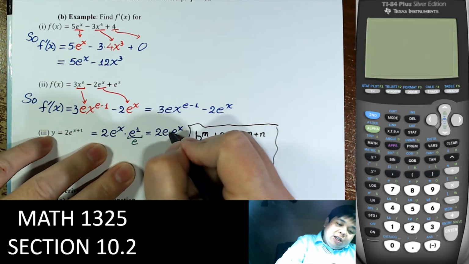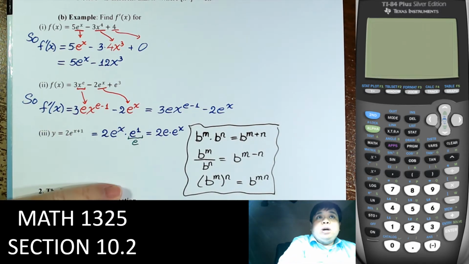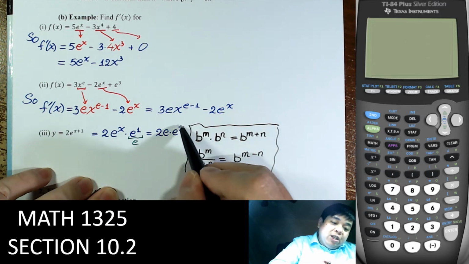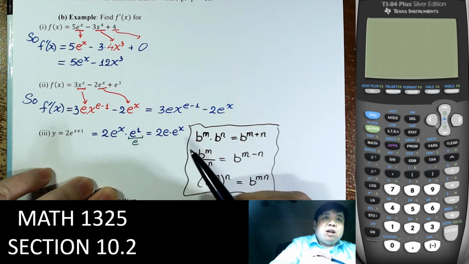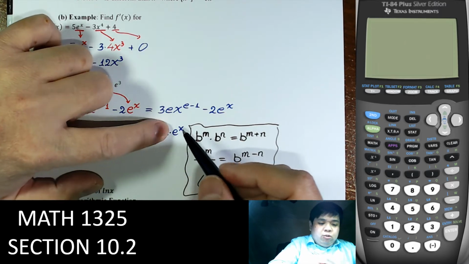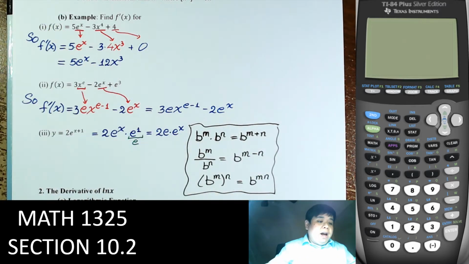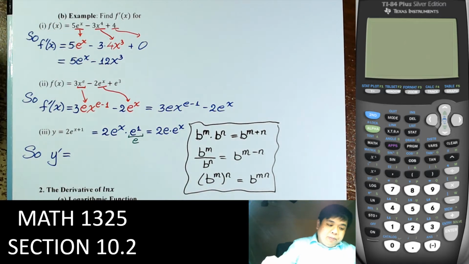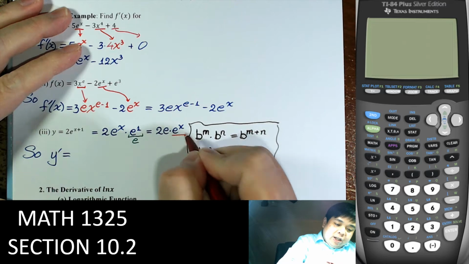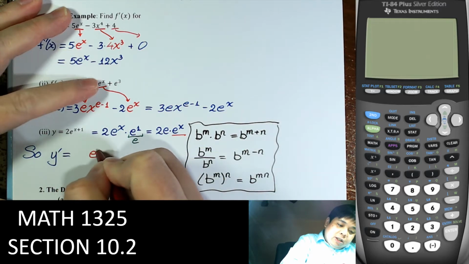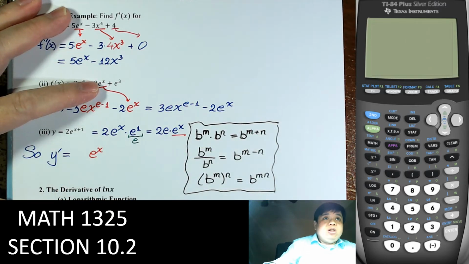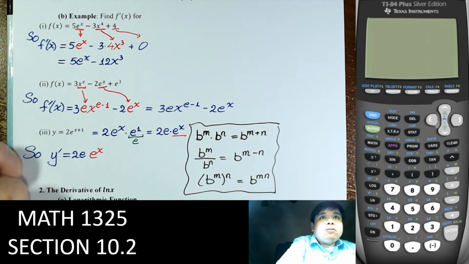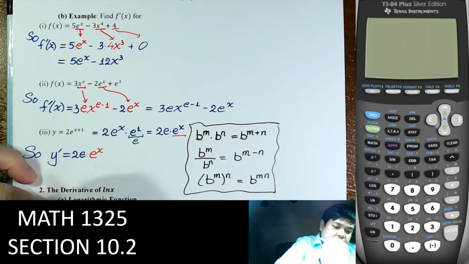Now notice that if you consider 2e and then e to the x, we know 2 times e is just a constant, so we have a constant times e to the x, and the derivative of e to the x is e to the x, and then we still just have 2 times e multiplied to it.